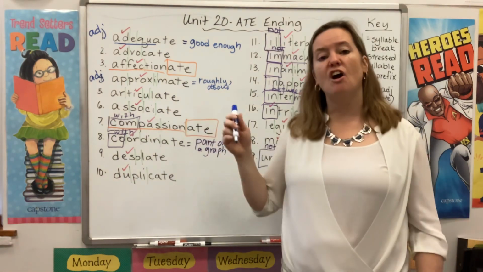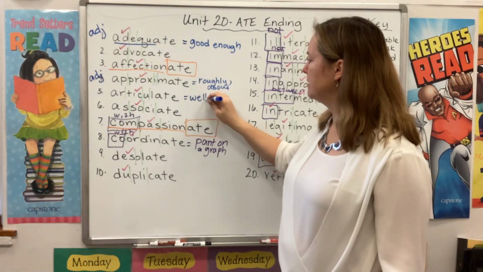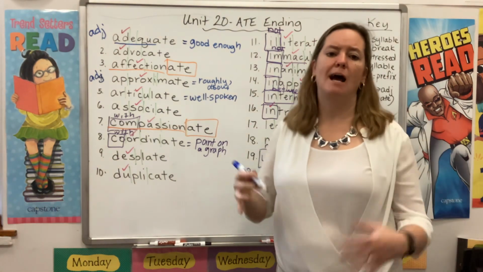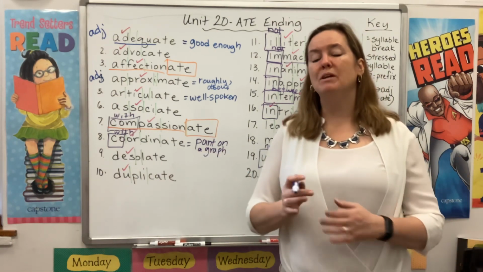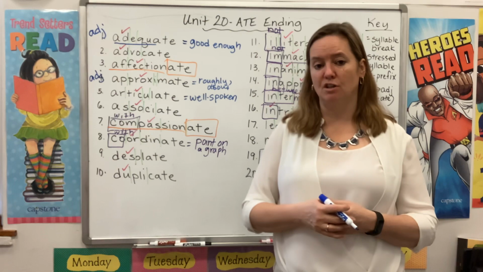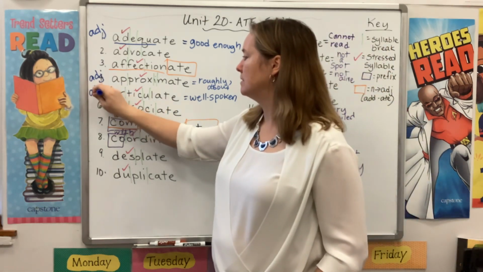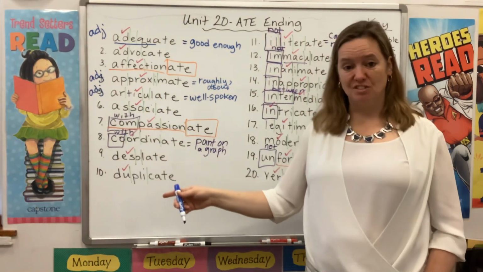If somebody's articulate, they're well spoken. Our president, our leaders, our principals, they need to be articulate. Anyone who's giving speeches or talking to large groups of people, they have to be well spoken. So that's another adjective. Desolate.